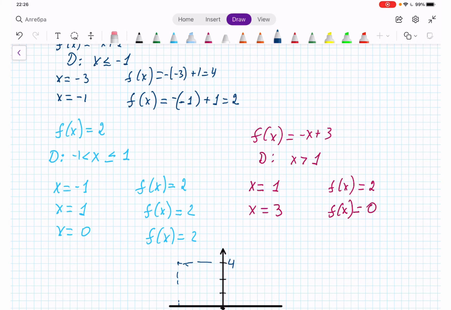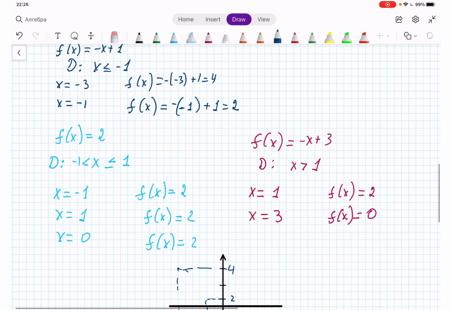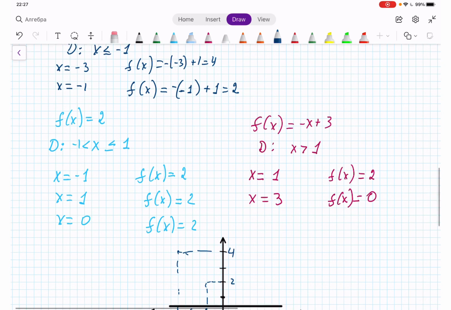Let's see, f of x is 2. Negative 1 and positive 2. So every x that is less than or equal to 1, including negative 1, is part of the graph.